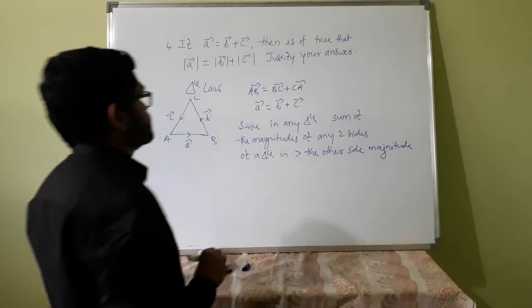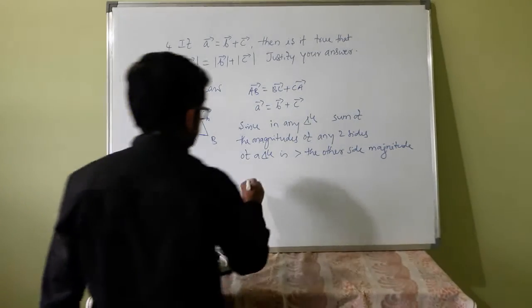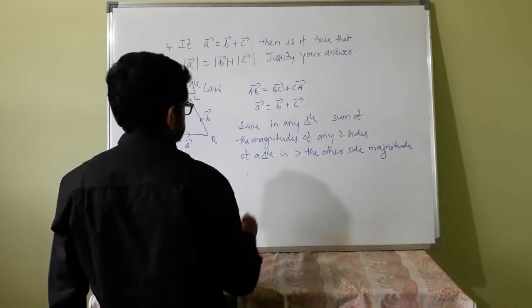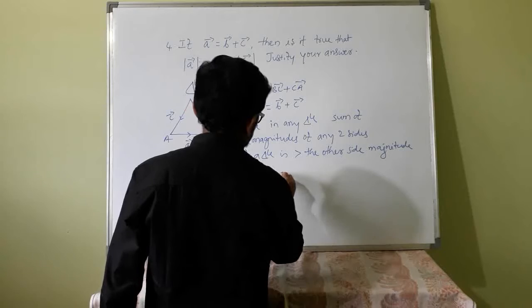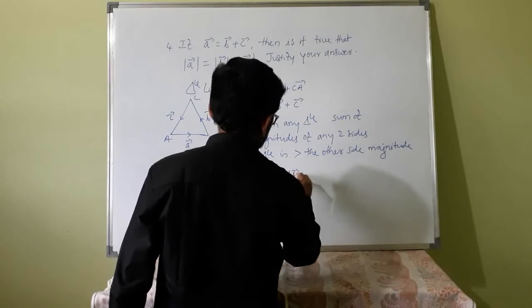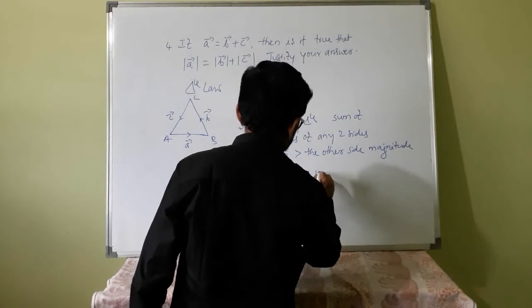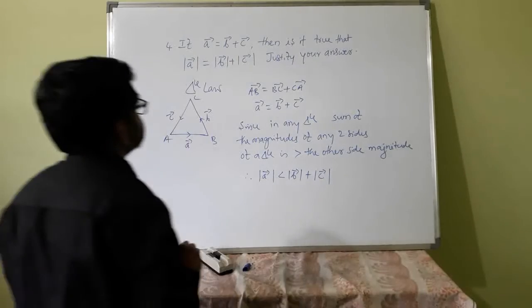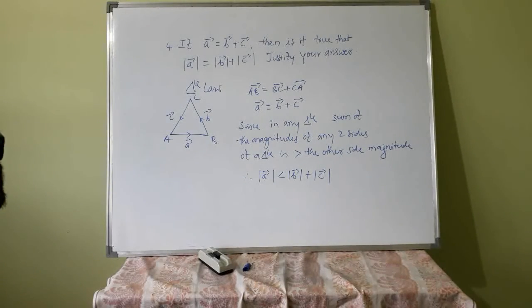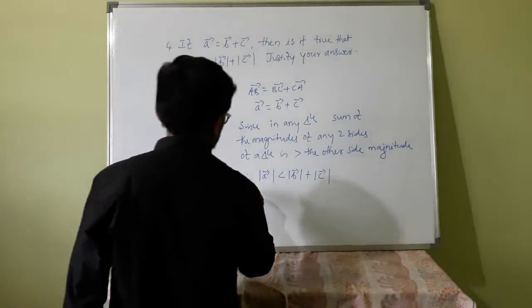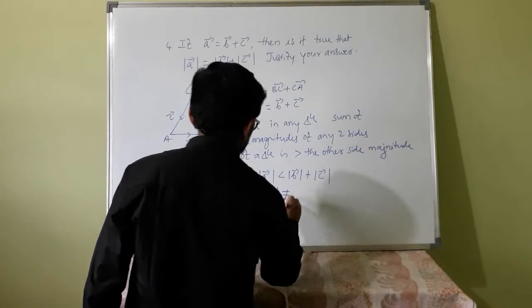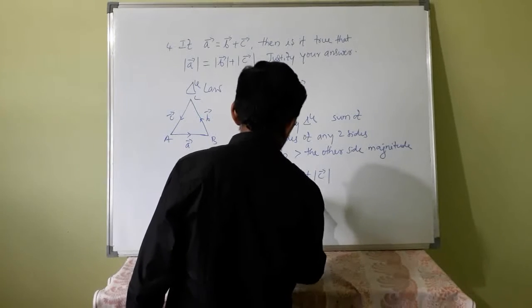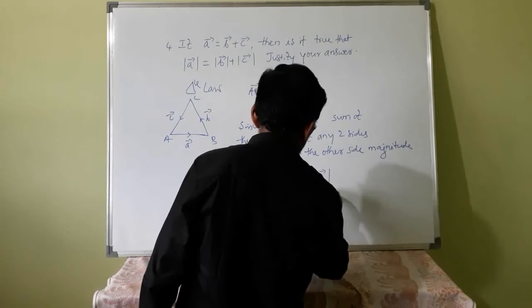Okay, so that is, therefore magnitude of A is less than magnitude of B plus magnitude of C. Therefore A is not equal to B plus C in magnitude.